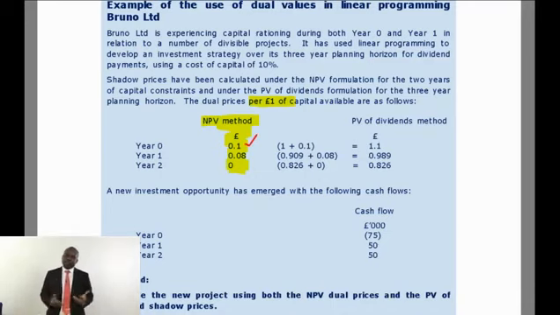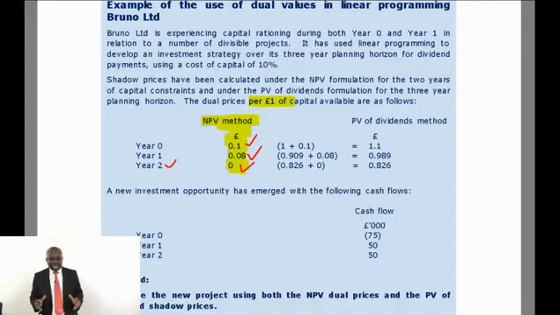Any £1 you bring in year 1, you're going to get 0.08. Any £1 you divert, you're going to lose 0.08 in year 1. In year 2, when you bring in £1 or divert £1, you are not going to lose anything or gain anything, because at that point there wasn't any capital rationing.